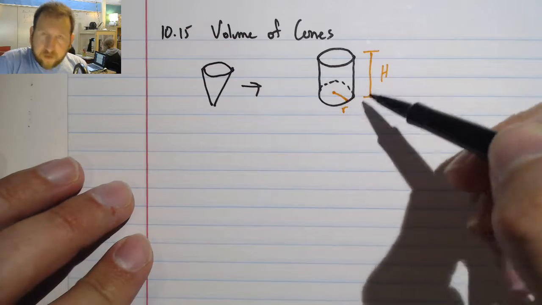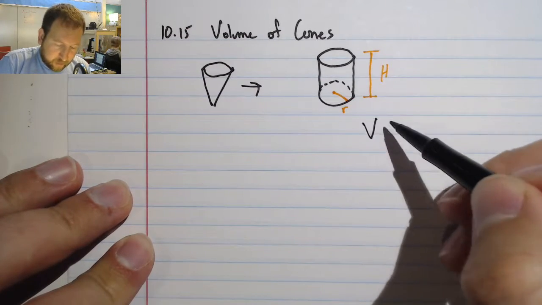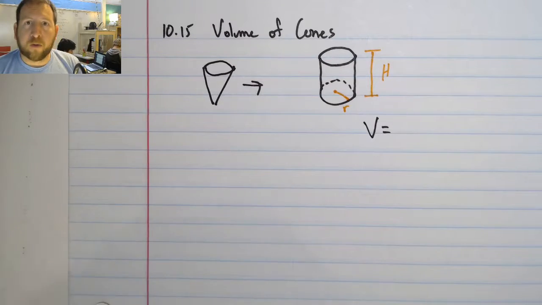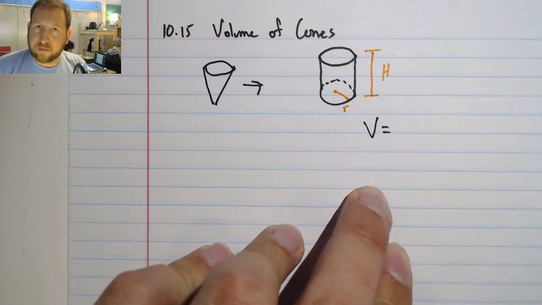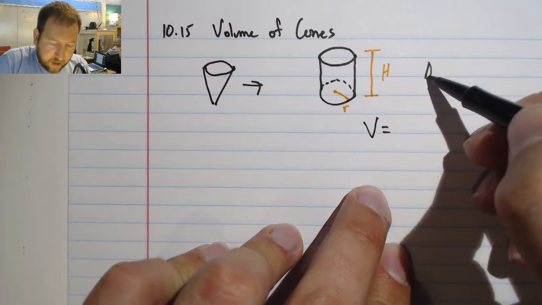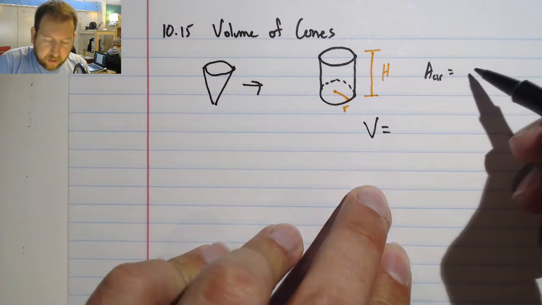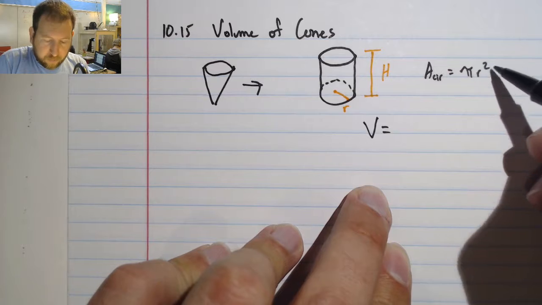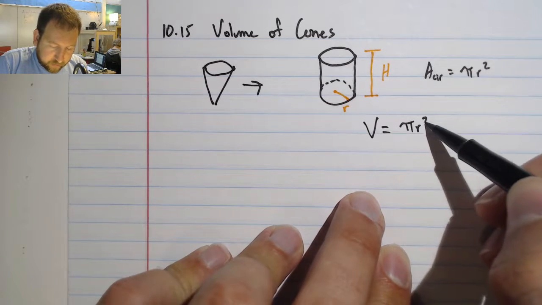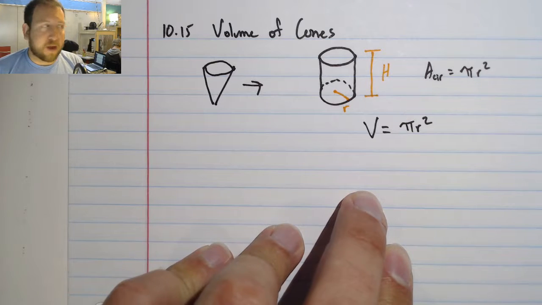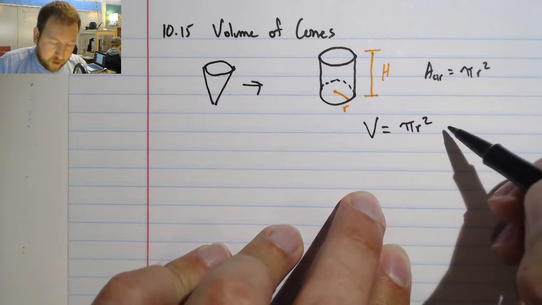So our volume of our cylinder, remember, looks like this. We start with the area of the base, which is a circle, and the area of a circle is pi r squared. So all we do is take this pi r squared and multiply that by the height in order to draw it up.